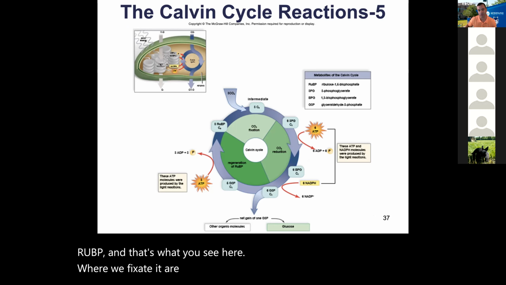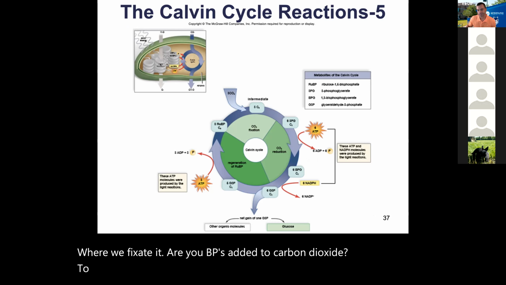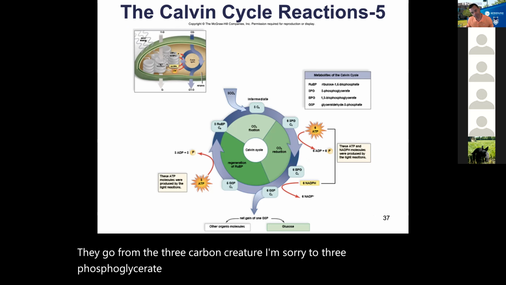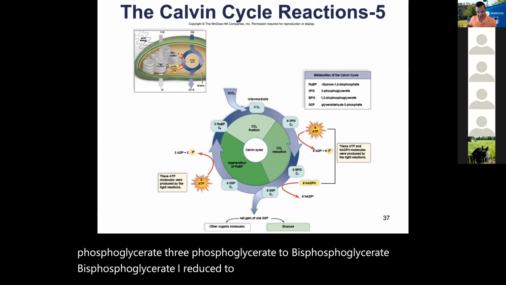And that's what you see here, where we fixate it. RUBP is added to carbon dioxide to make 3-phosphoglycerate. We go from the 3-carbon creature to 3-phosphoglycerate. 3-phosphoglycerate to bisphosphoglycerate. Bisphosphoglycerate, I reduce to glyceraldehyde 3-phosphate. Ta-da!